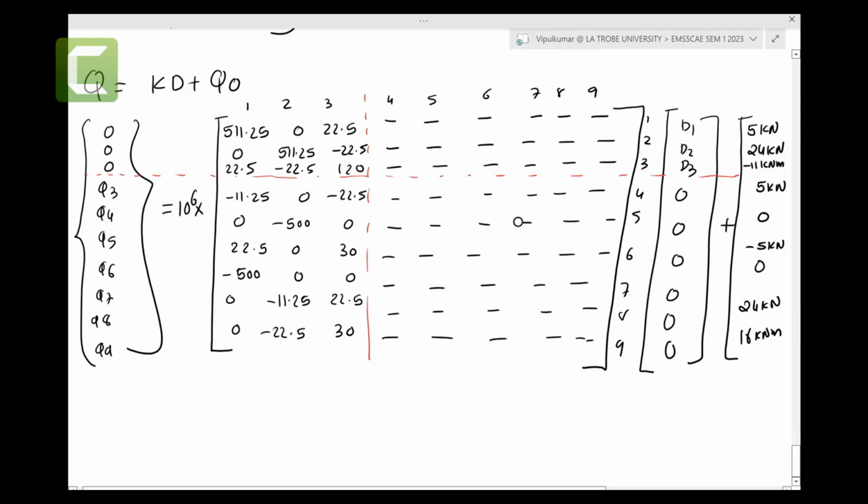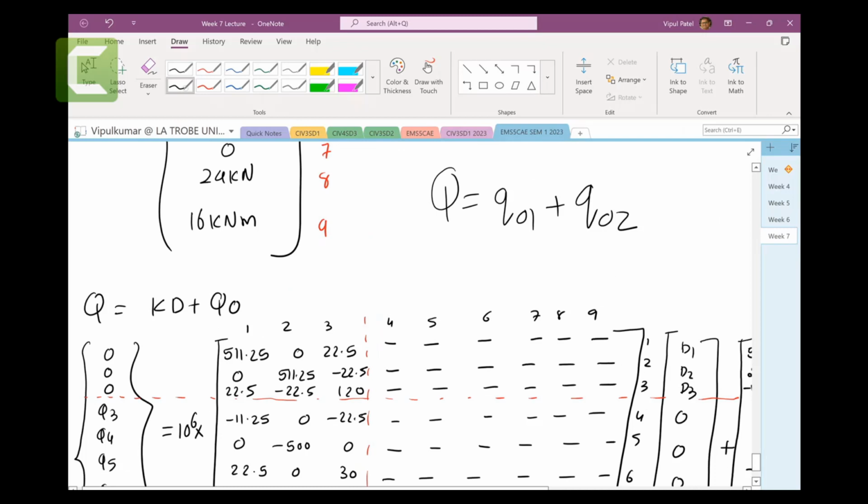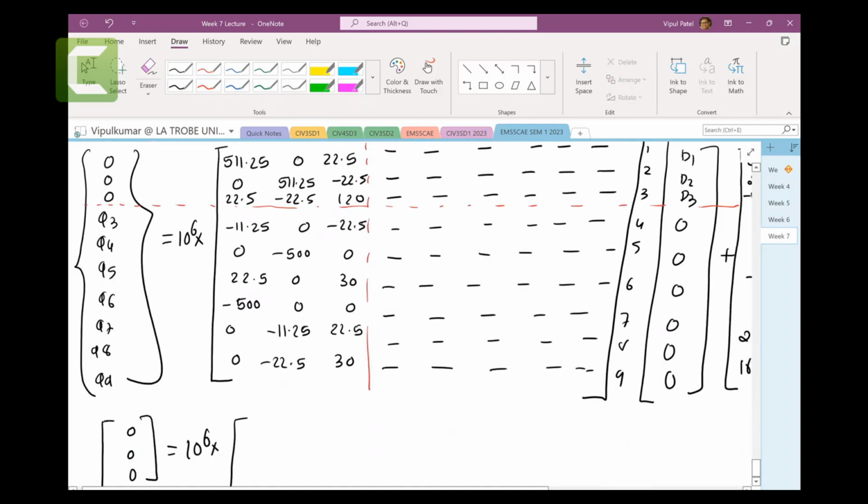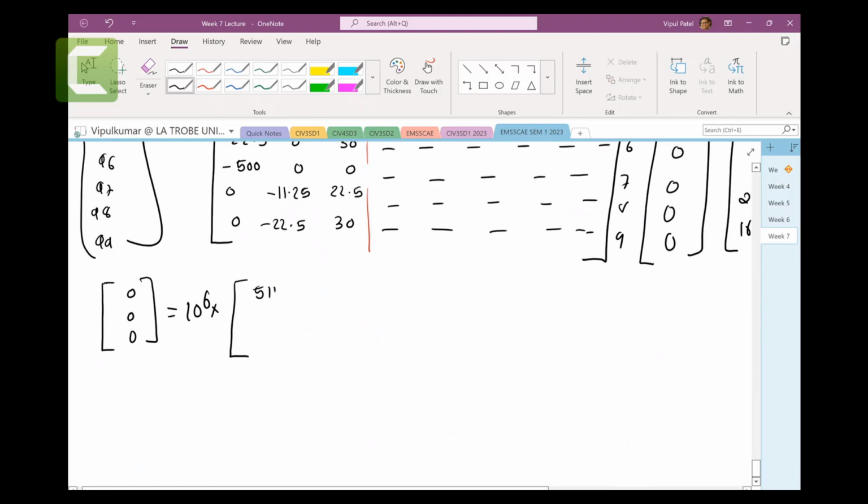Now, first of all, we're going to solve D1, D2, and D3. I can get the partitions by taking only this, so that is 0, 0, 0 equal to 10 to the power 6 times 511.25, 0, 22.5, 0, 511.25, minus 22.5, 22.5, minus 22.5, 120.